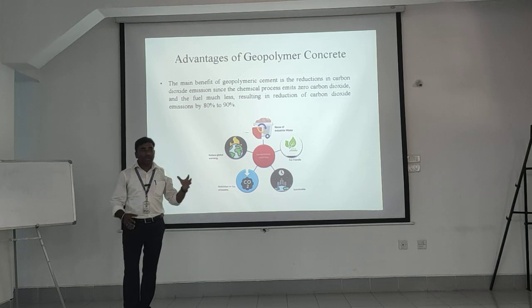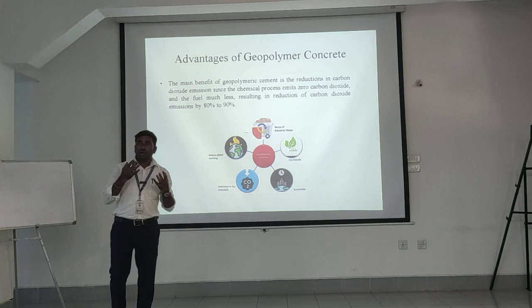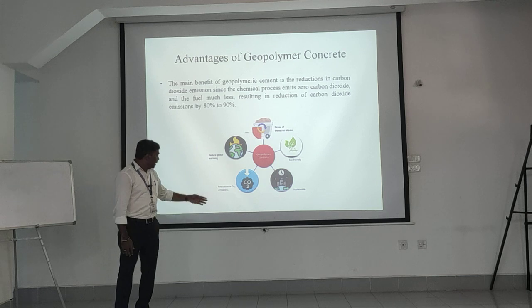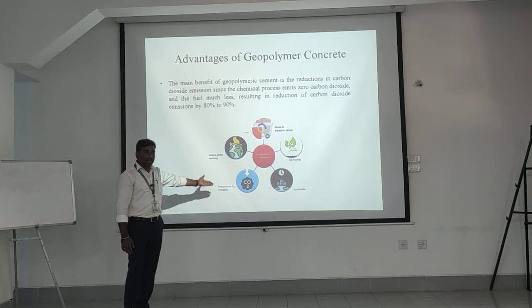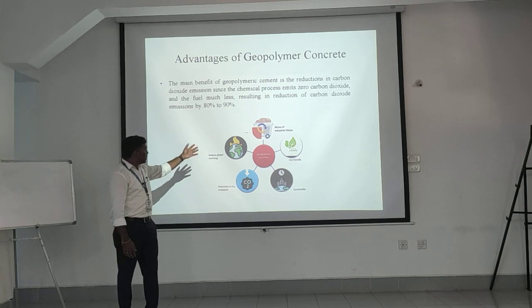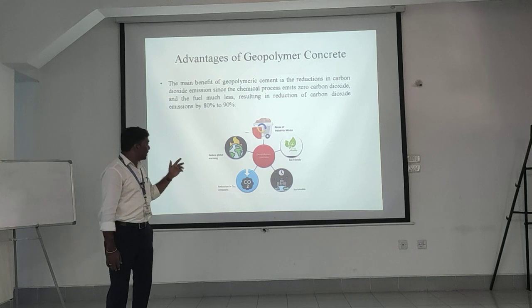Sustainable means it also has fire resistance capacity, and chloride resistance similar to conventional concrete. Next, reduction in CO2 emissions, which you already know. Then reduced global warming. Once CO2 is reduced, global warming will obviously be lower. So these are the advantages of geopolymer concrete.